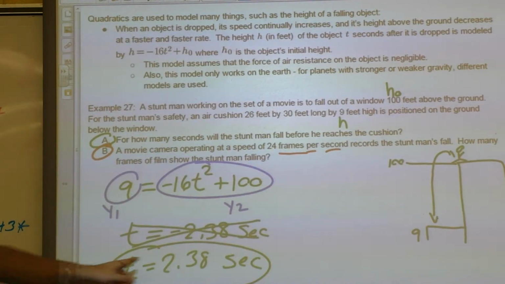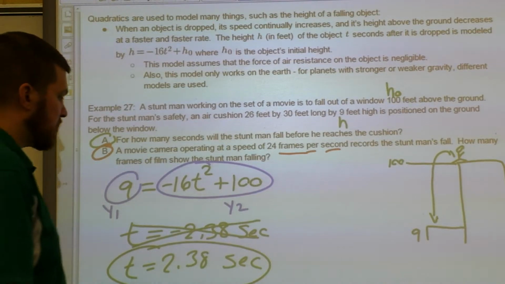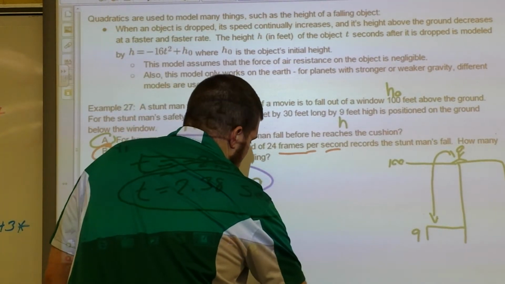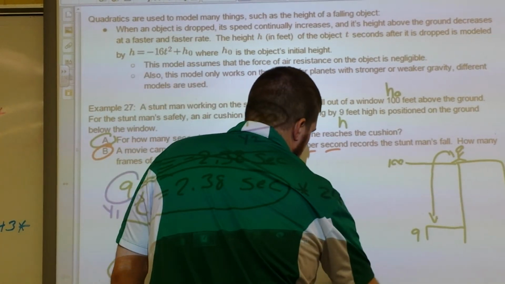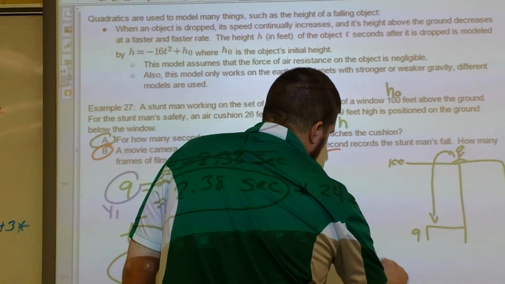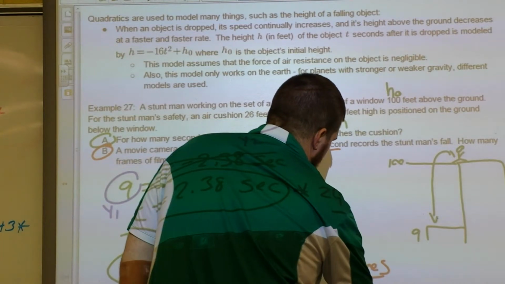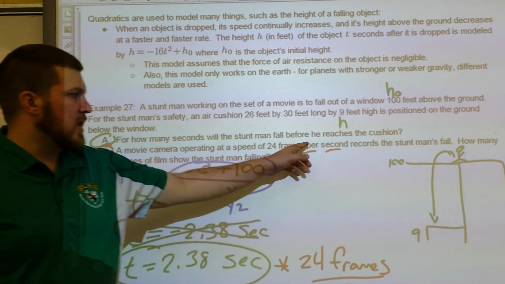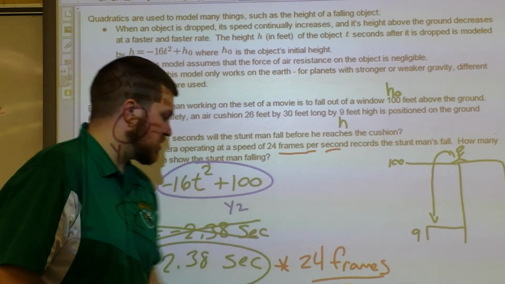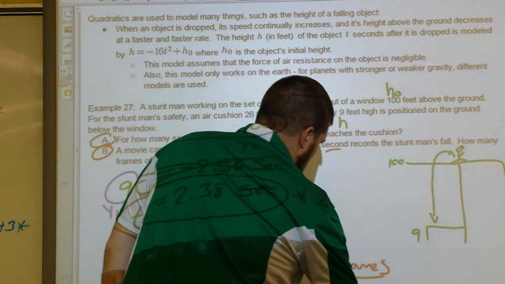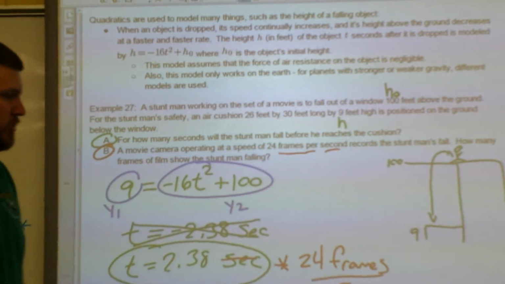So what I want to do is take my answer in part A and multiply it by 24, because it's frames per second. The keyword per means divide. Now, seconds and seconds are going to cancel out. And what's left for my unit is just frames.